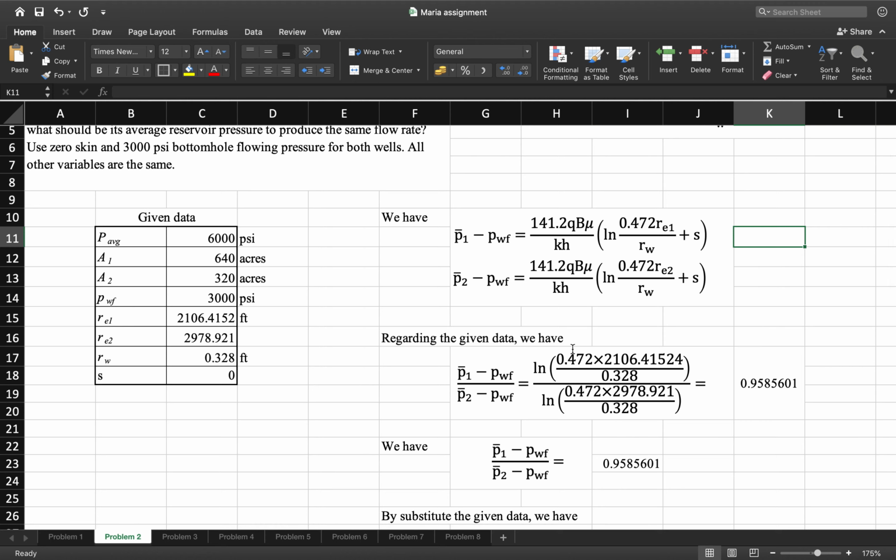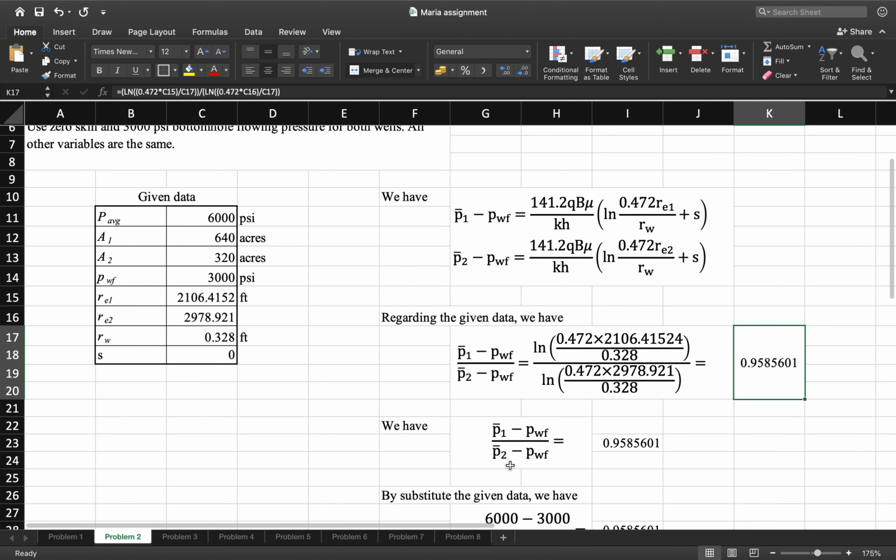Alright. So when you replace the input parameters here, you have this one. So when you have the average pressure 1 minus bottom hole pressure, all divided by the average pressure 2 minus the bottom hole pressure, it will be equal to this one, 0.989585601.